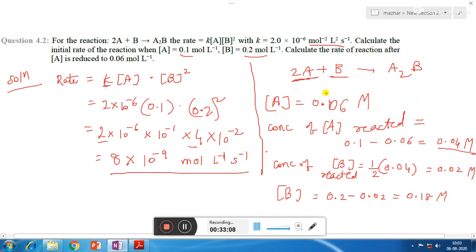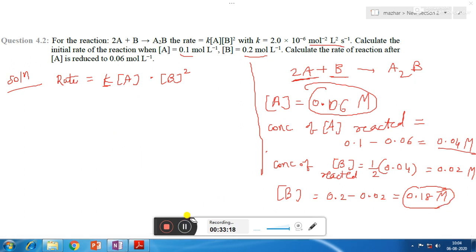So in the new rate of reaction we have to use these two concentrations of A and B. We use the same rate equation, rate equal to K into A into B raised to 2. So the new concentration of A is 0.06 and the new concentration of B is 0.18, the whole square.